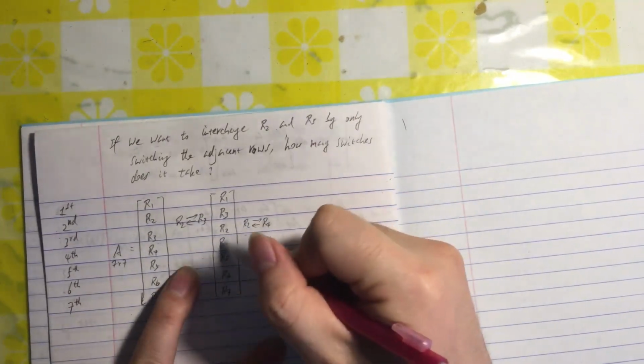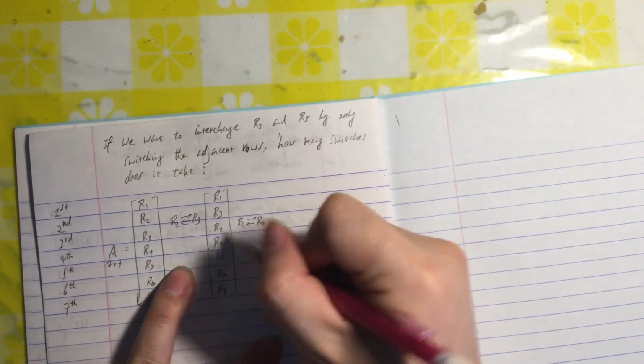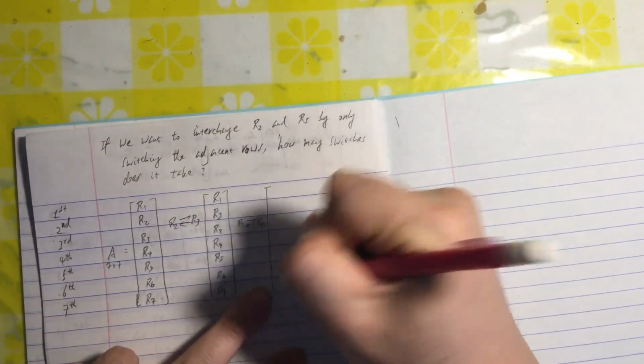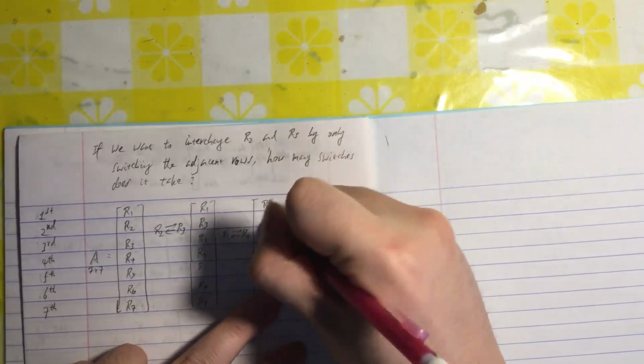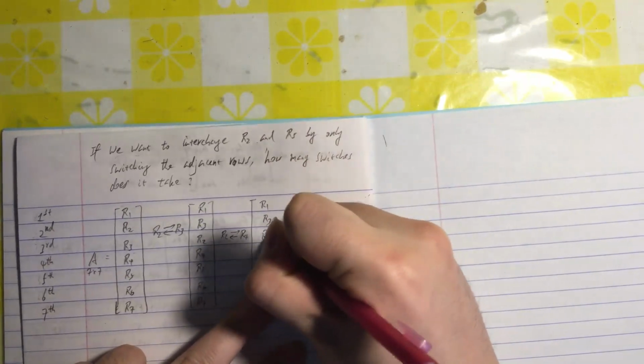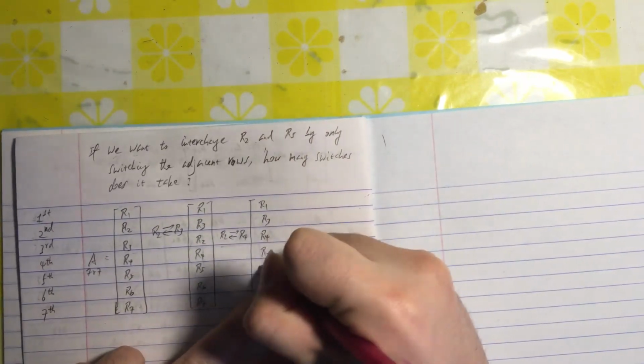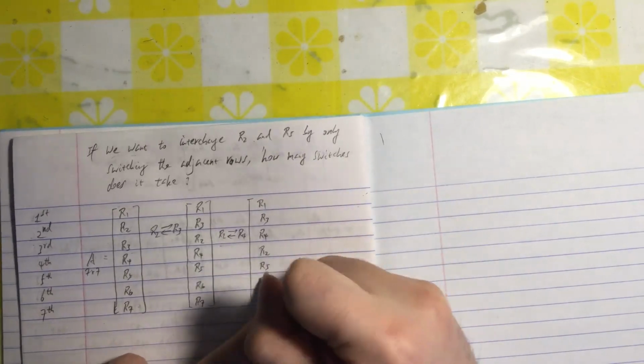They are adjacent rows now. I get R1, R3, R4, R2, R5, R6, R7.